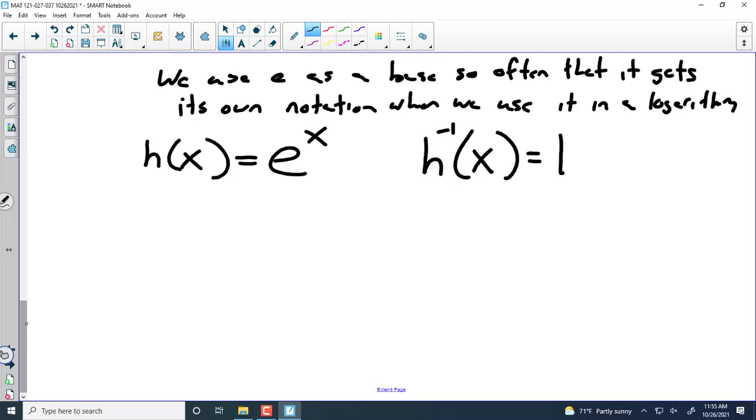The inverse of an exponential is a logarithm with the exact same base. So the inverse of e to the x is log base e of x. It turns out, everyone, that this is called the natural base. And it is used so often in mathematics, it gets its own notation.